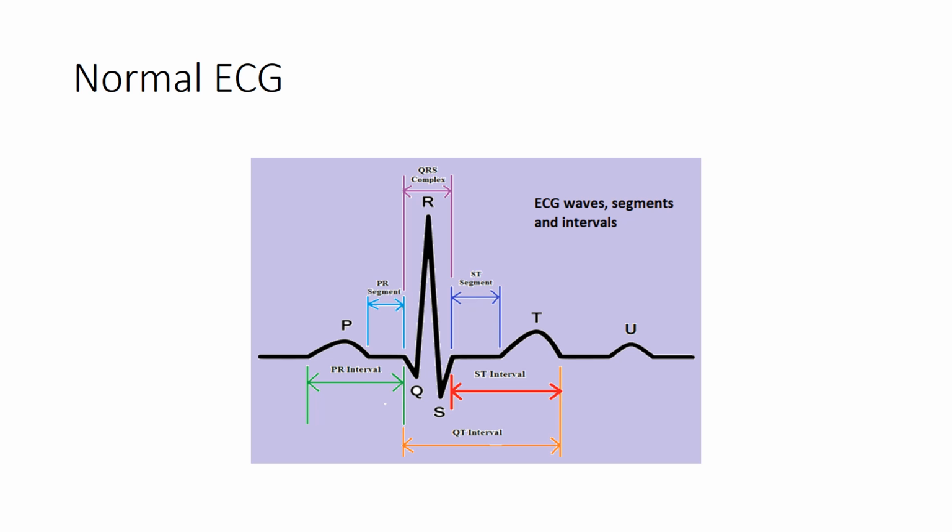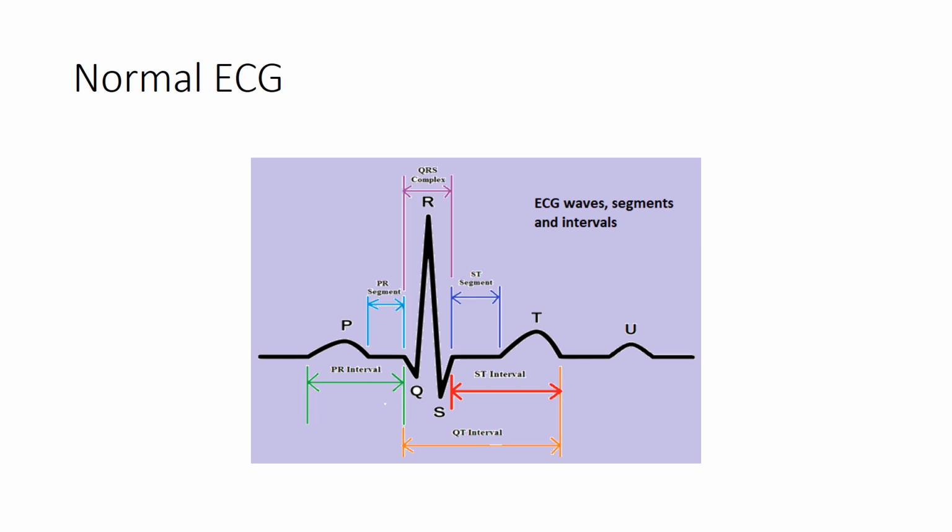Between the QRS and the T wave, there is the ST segment. T wave is usually the last wave seen in a cardiac cycle during a normal ECG, and it reflects ventricular repolarization.